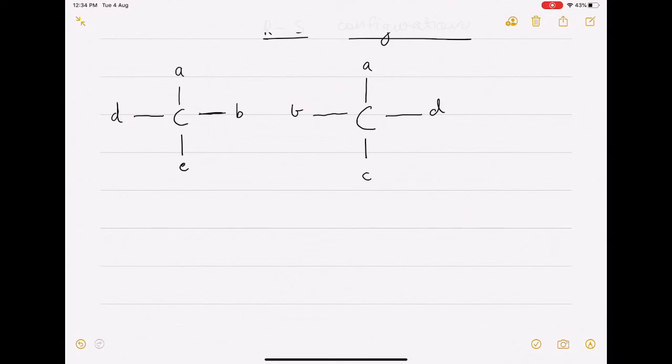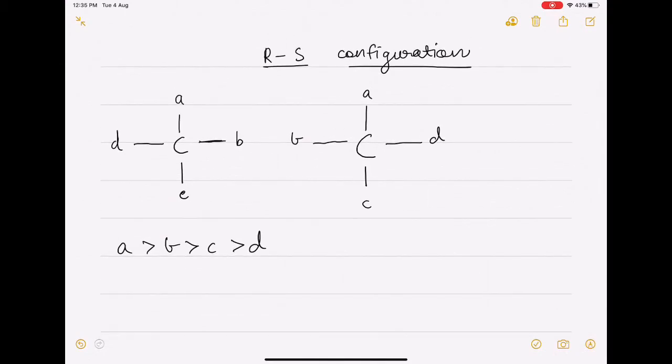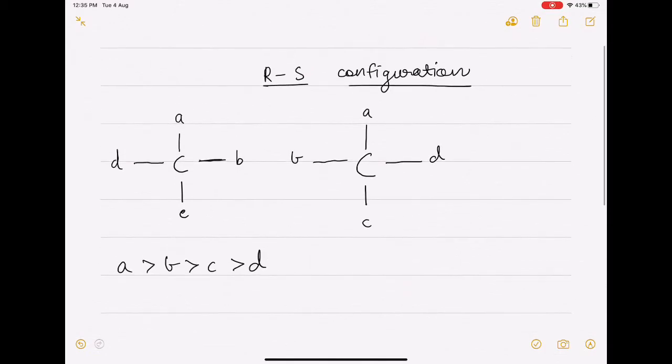So if A has a higher atomic number than B, B higher than C, and C higher than D, then the order of priority is A greater than B greater than C greater than D. We can find this out using the periodic table, or if we already have a good knowledge of the periodic table, then that's not required.